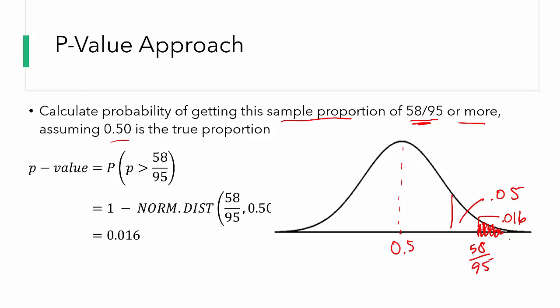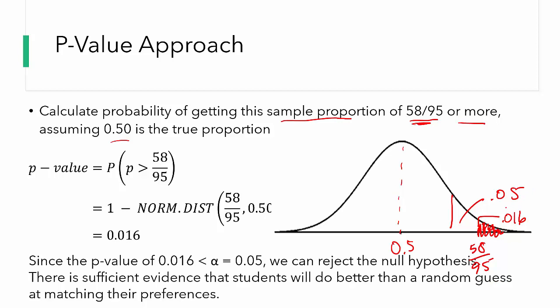We know that sample is true. That means our assumption that this distribution centers at 50% is likely false. And in fact, this distribution is probably something that's a bit higher, something where the true proportion is statistically greater than 50%. Since the p-value is less than alpha, we can reject the null hypothesis. There is sufficient evidence that students will do better than a random guess at matching their preferences.